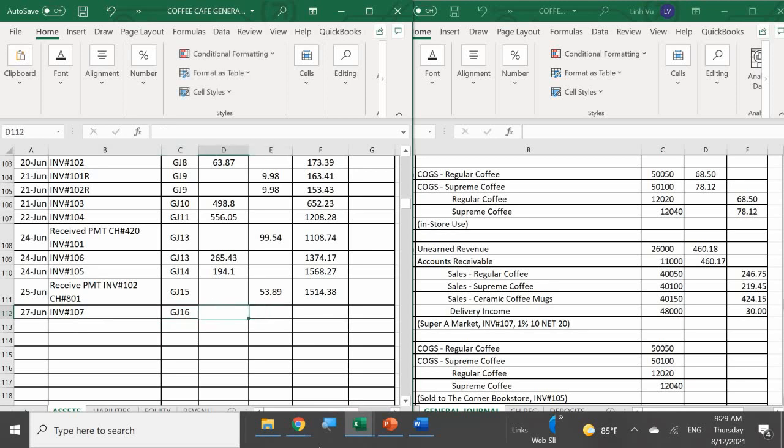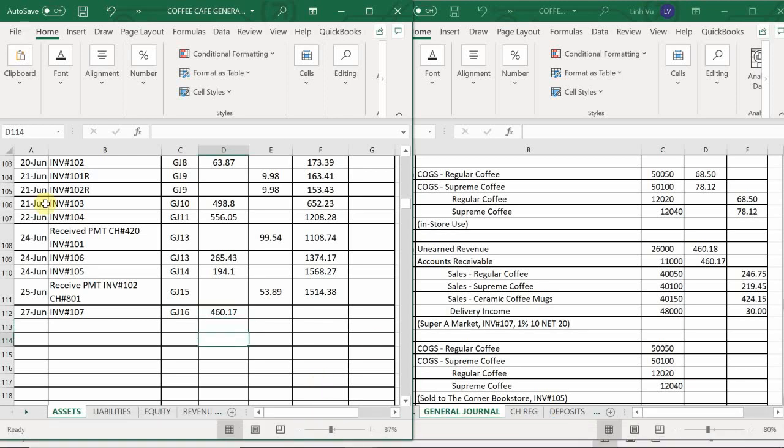Our debit amount is accounts receivable, and that debit amount is 460.17.